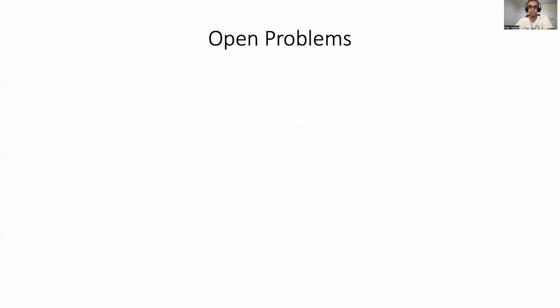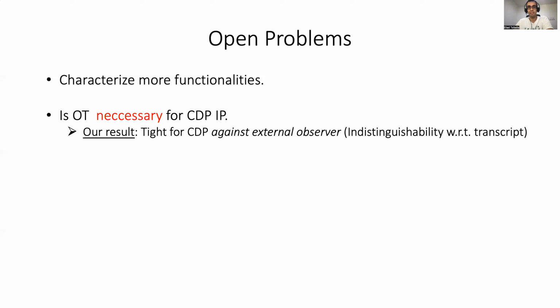Regarding open problems. First, it's still left open to characterize the complexity of estimating other functionalities. In this work, we made the first step with respect to the fundamental two-party functionality of the inner product, but providing a more general characterization is still open. Second, it's still left open to understand whether OT is necessary for CDP IP.